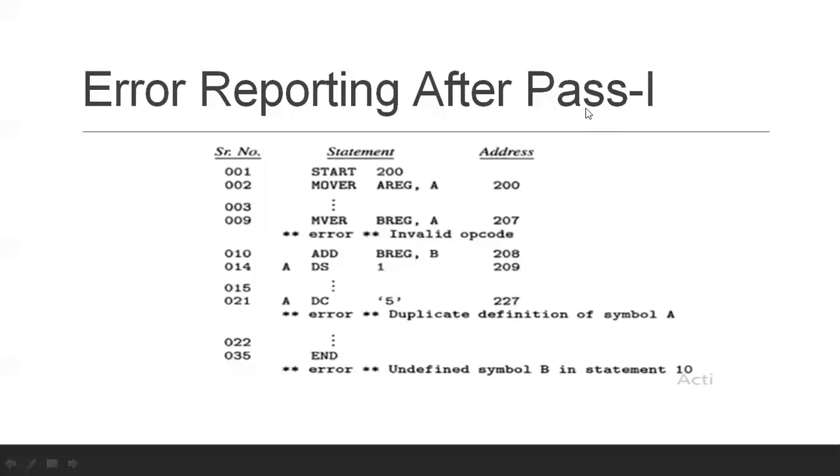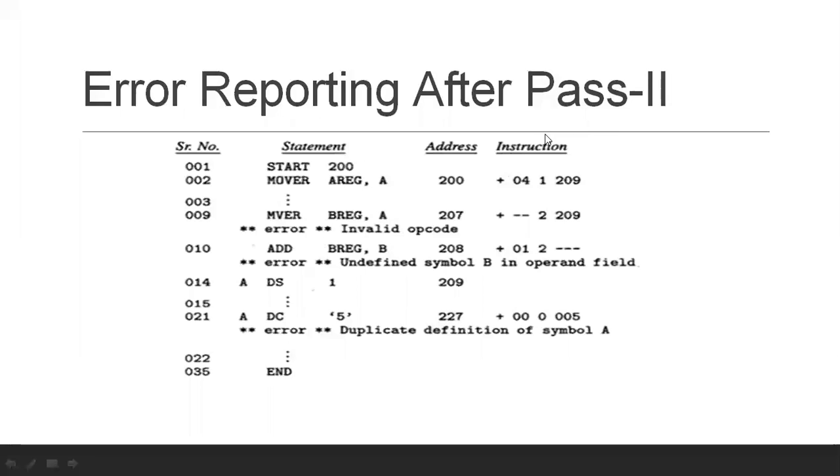Let us go to the next slide, error reporting after pass 2. Now the same program is there. What will happen if we delay error reporting up to pass 2? Here you can see for MOVER the error is already given, no problem. Now here B is undefined.